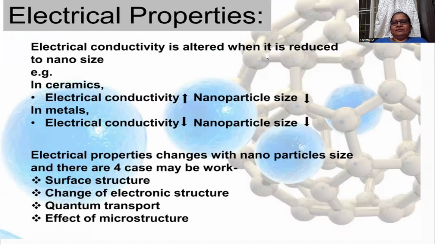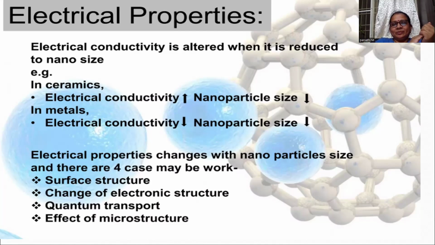Okay. Now coming to the properties in the electrical field. Electrical conductivity is one parameter that varies when the size of the particle changes. In ceramics, for example, a hard brick-kind of material, electrical conductivity increases as nanoparticle size decreases. As the size decreases, the thickness is reduced, and conductivity increases.